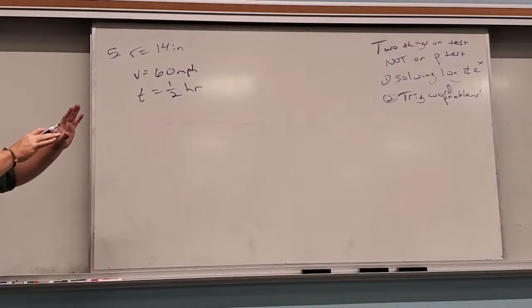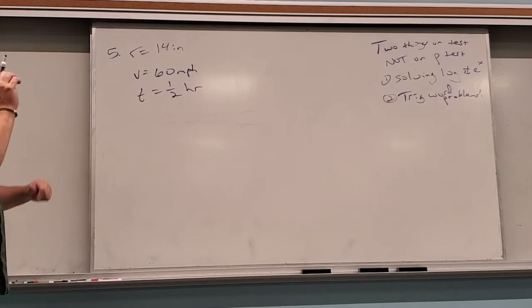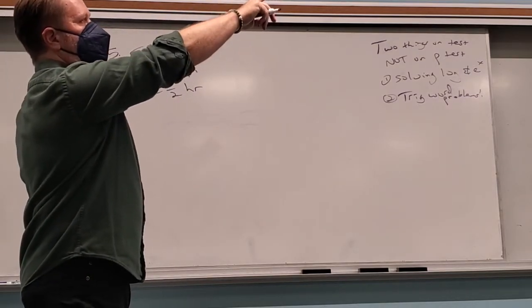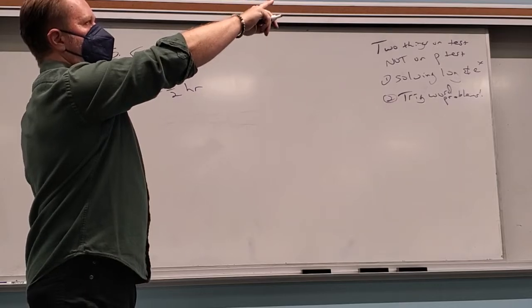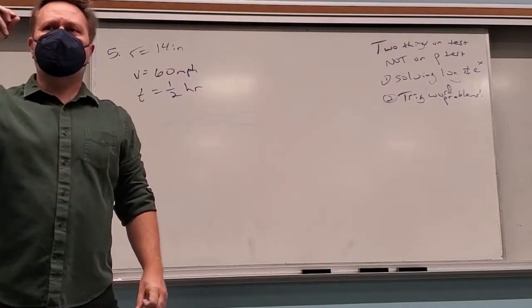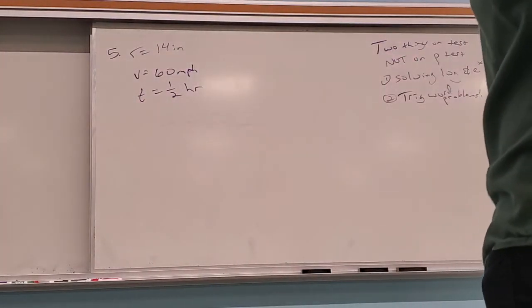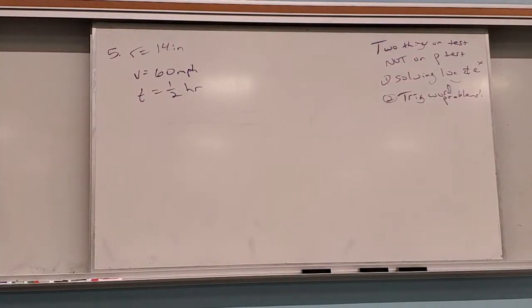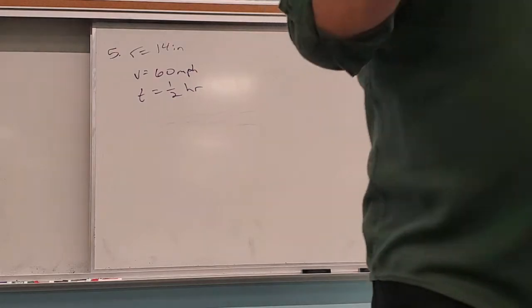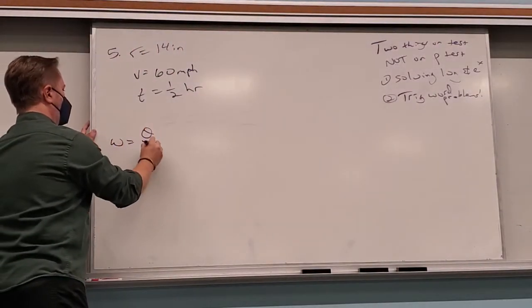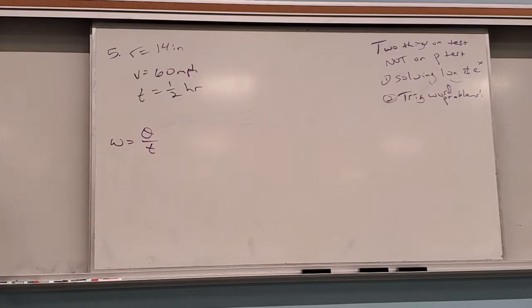All right, and I'm asking you, what is it that I'm asking you? Only revolution. Can somebody tell me what the variable is related to that? So omega is the angular velocity, right?